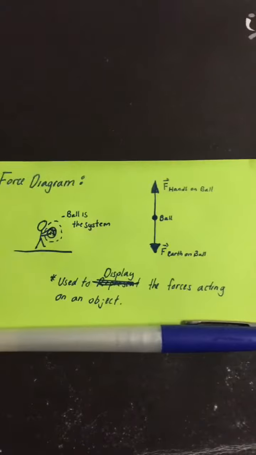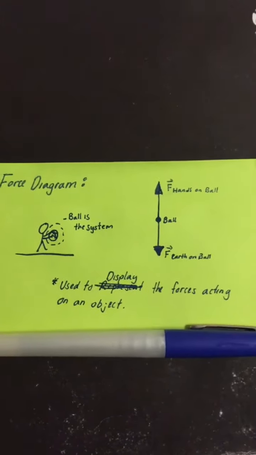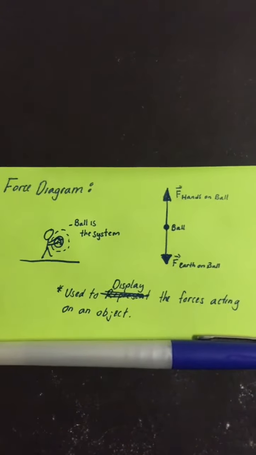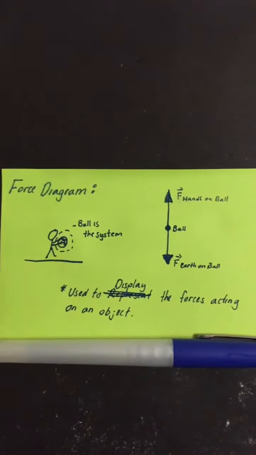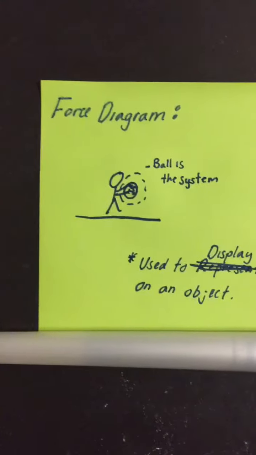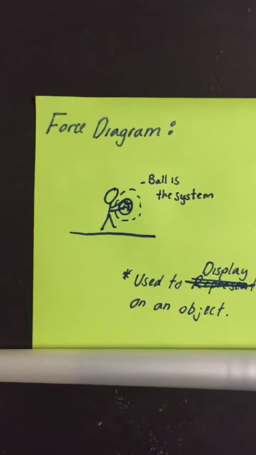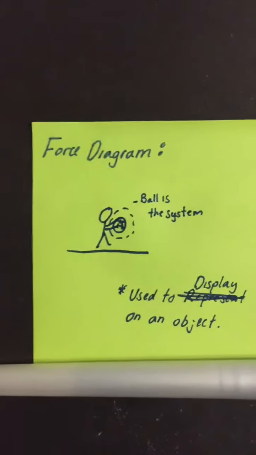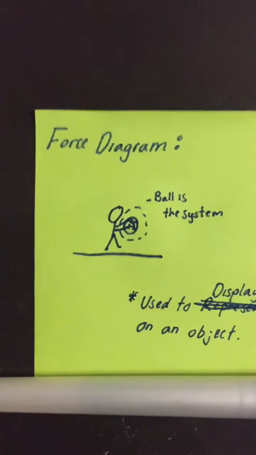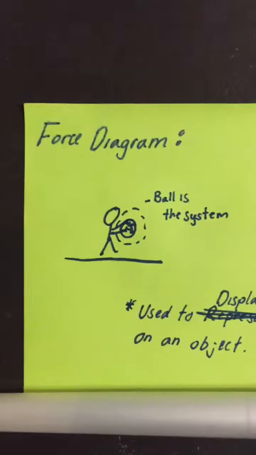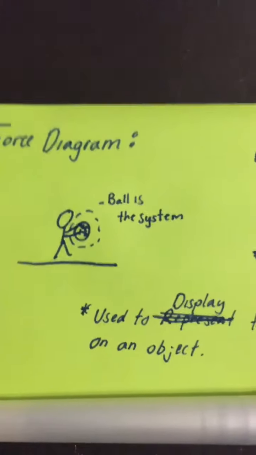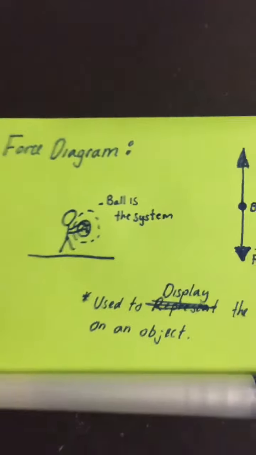To the right is a force diagram. A force diagram is used to display the forces acting upon an object. In this case, this person here, we'll just name her Jill, is holding a ball right here. The ball, the system object, is stationary in her hands.